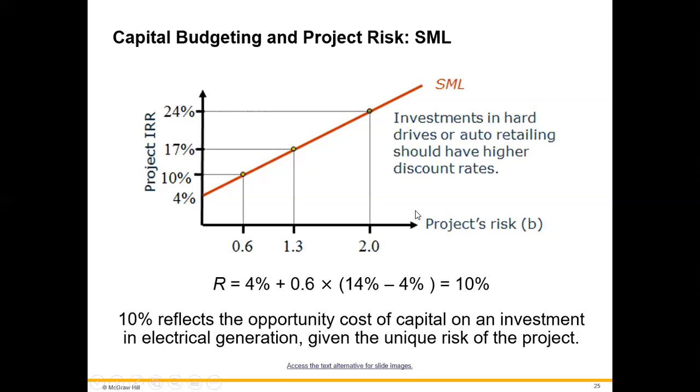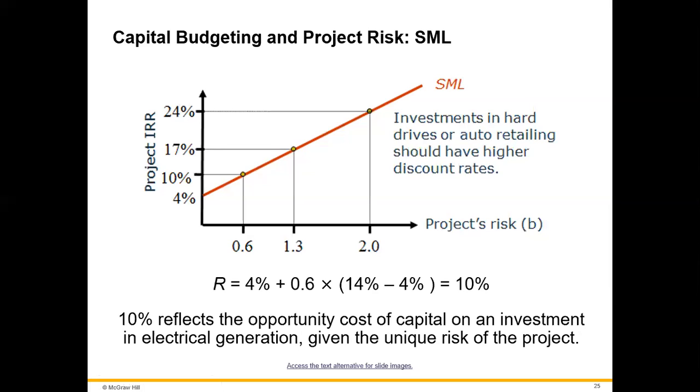Okay, so taking the information from that example, we would find the required rate of return. The risk-free rate is 4%. For the electrical division, it's a 0.6 beta times the market risk premium, which would be the 14% minus 4%, or 10%.